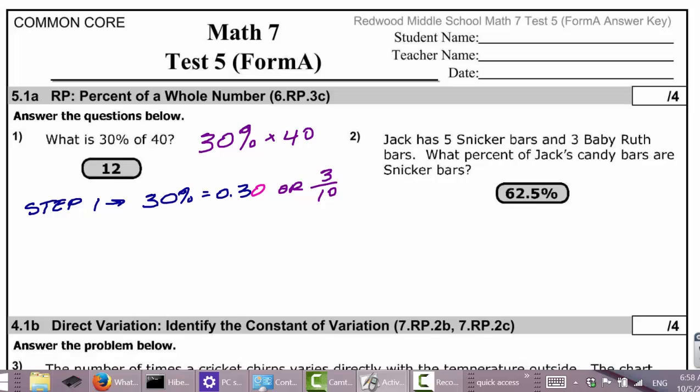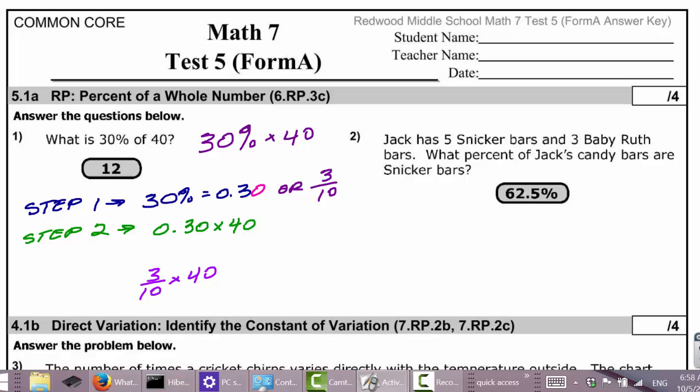So now we have step 2. And step 2, depending on how you set up your step 1, is either 0.30 times 40, that's if you did it in the decimal form, or 3/10 times 40.